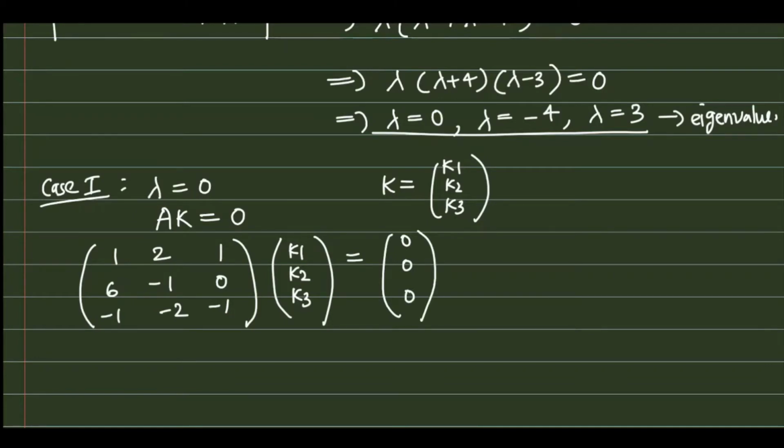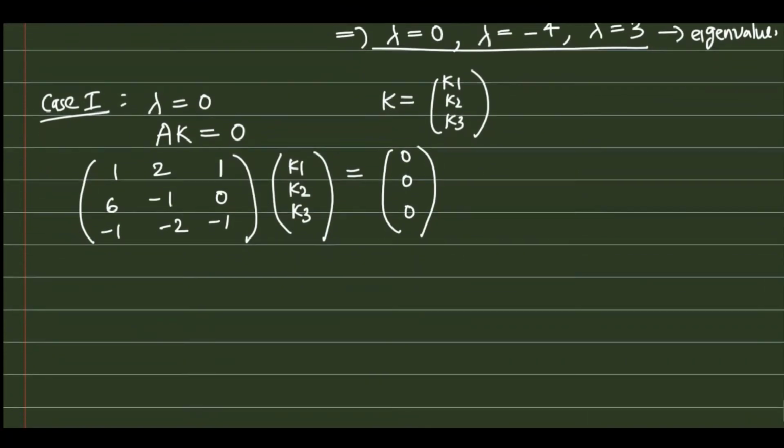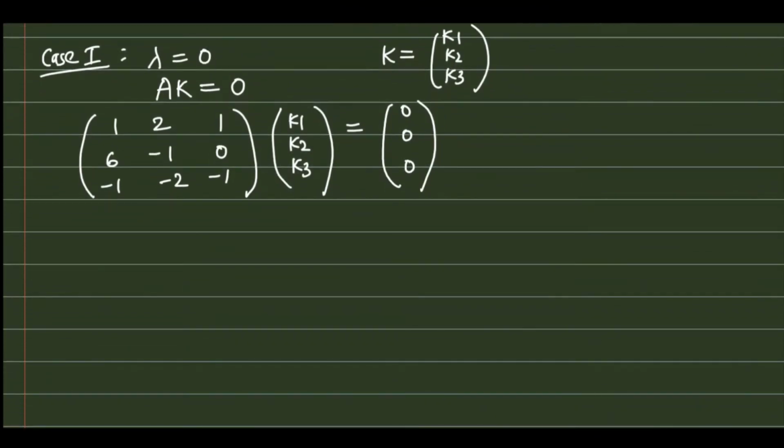So since it is 3 by 3, we will write like this. Now our aim is to find K. So what are the values of K for which this equation will be satisfied?